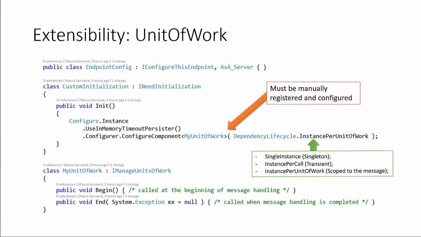Then a new message coming into the endpoint will have a new MyUnitOfWork. In this case, it's safe, and we can store inside the MyUnitOfWork instance some state that is related to the message itself, because that instance will be alive for the same time as the message.